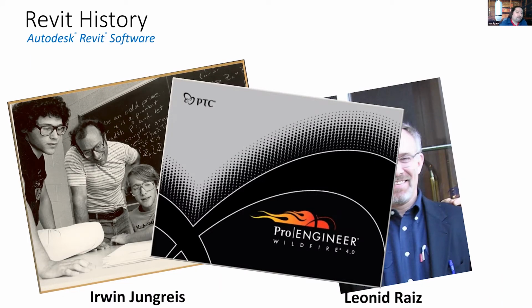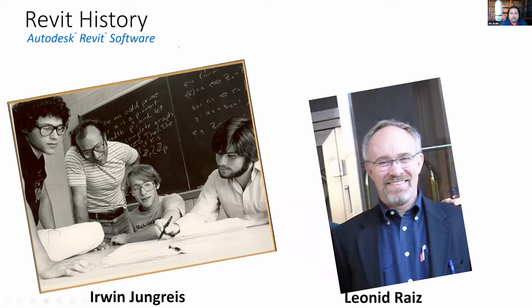Along with Erwin, a mathematician who also worked at PTC in the mid-90s. Erwin programmed all the algorithms that would make things work properly. Now, what these two gentlemen did that was unique was that Leonid had an idea that he pitched to upper management at PTC.